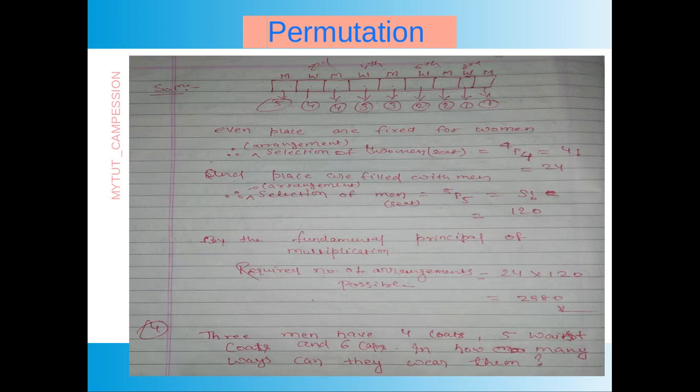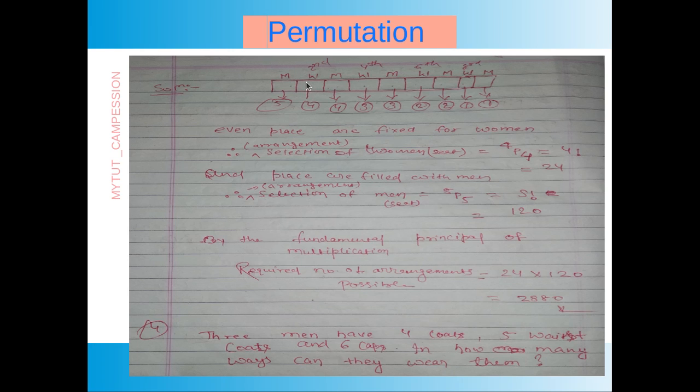Let's suppose here is the row of seats. The total number of seats is 9, and the even positions are occupied by women. So the pattern is man, woman, man, woman, like this way.